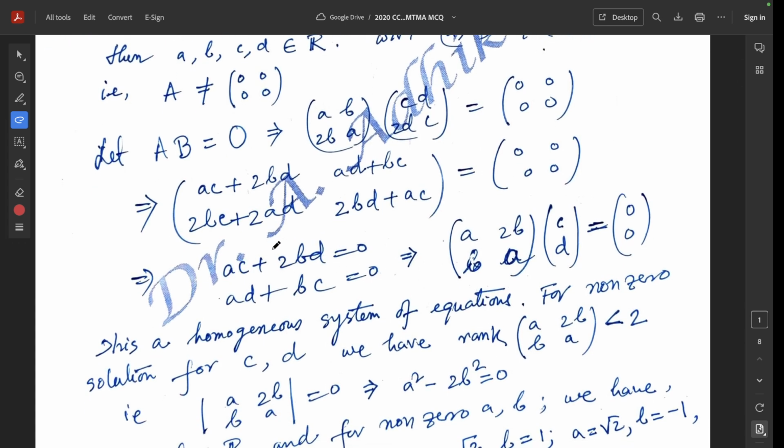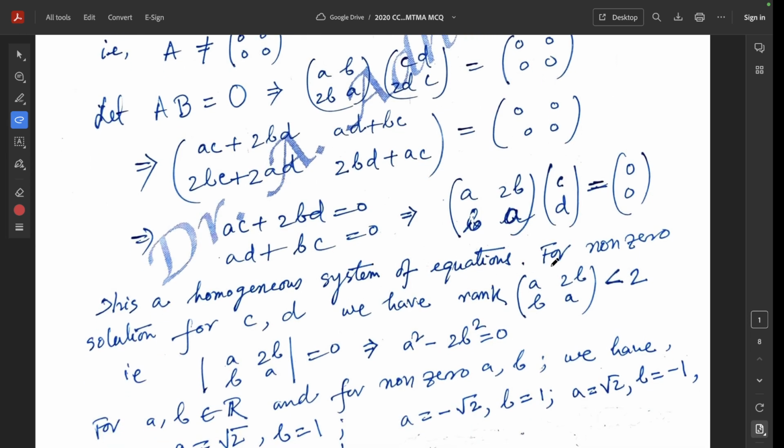These simultaneous homogeneous linear equations can be written in matrix form, as we are interested in solving for c and d: [[a, 2b], [b, a]] times [c, d] equals 0.